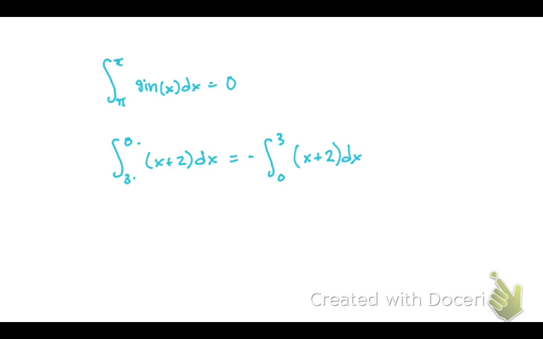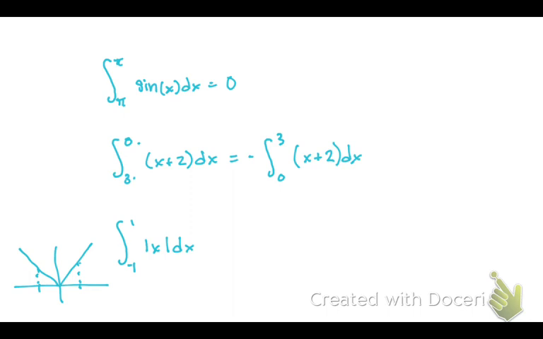Okay, so I have the integral from -1 to 1 of the absolute value of x dx. So we probably should look at it. Doesn't this look like this? From -1 to 1, we have the problem.